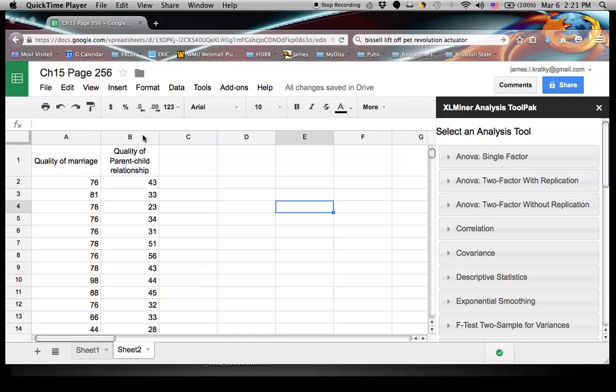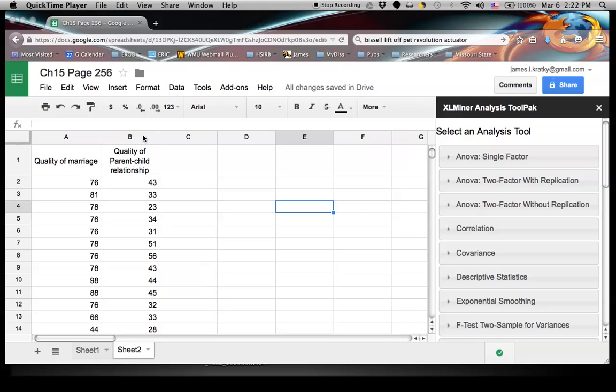I'm looking at page 256, 257, and looking at the null and research hypotheses. When we're doing a statistical test on the correlation coefficient, we're starting with this null hypothesis that there is no relationship between our input variable and our predictor variable. In this case, the context is an indicator for quality of marriage for married people, and then the quality of the parent-child relationship.